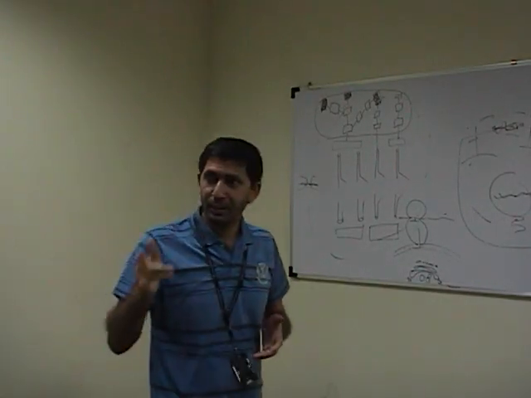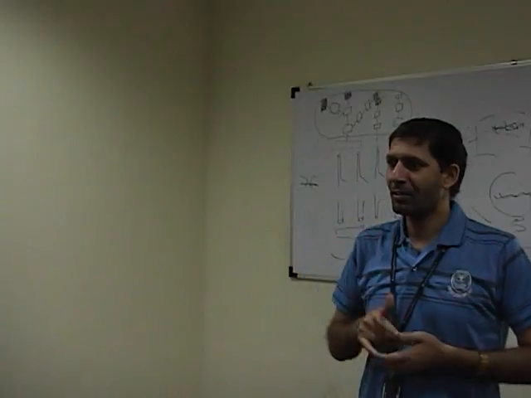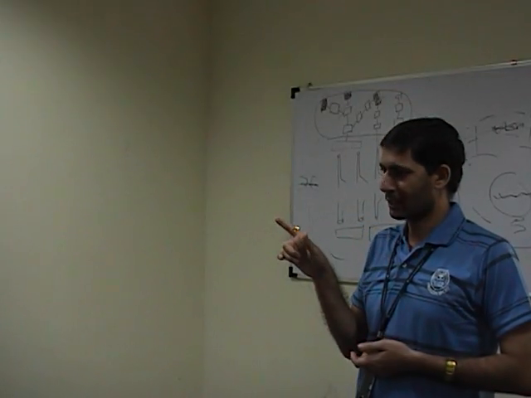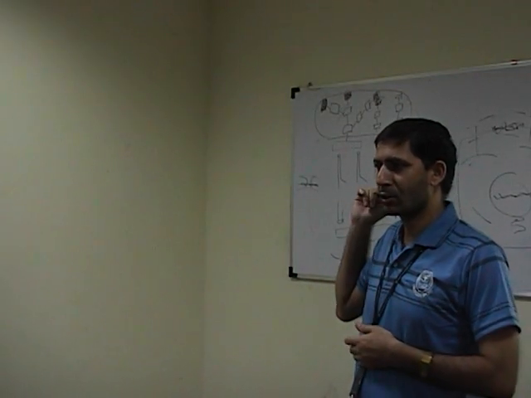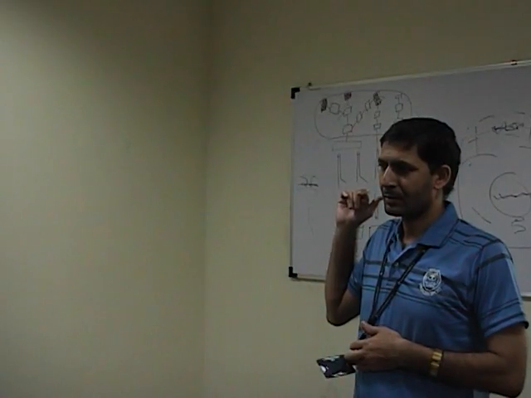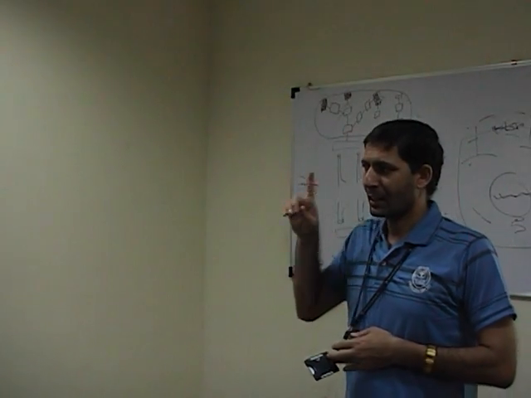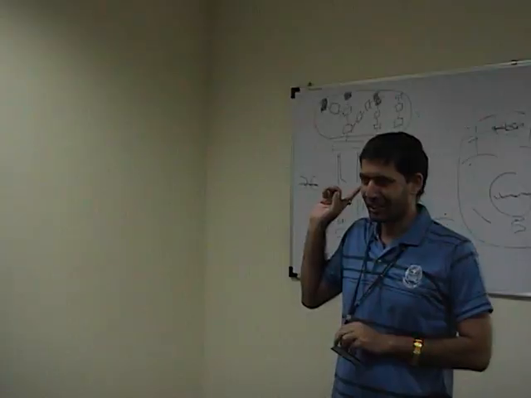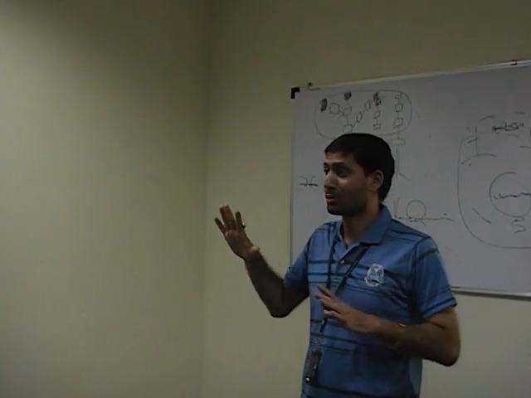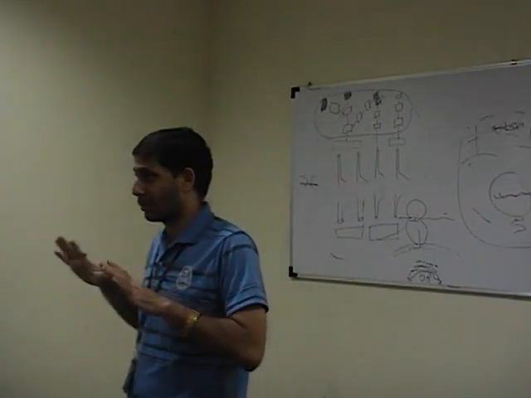And if we go to the carbohydrate level, then we will have to consider the monosaccharides. How many types of monosaccharides? 8 and 16, 24. Isn't it? 24 monosaccharides.